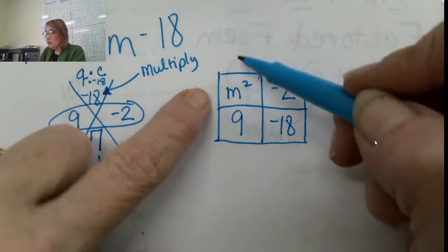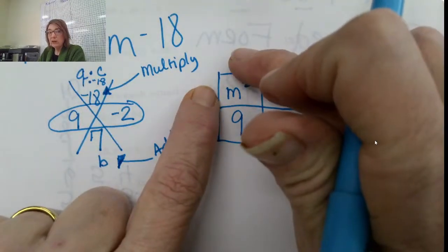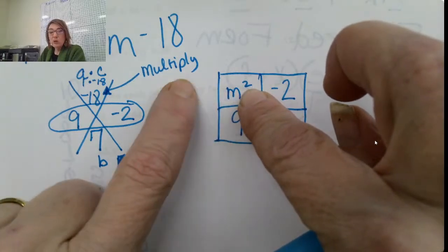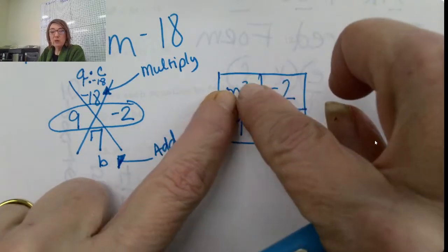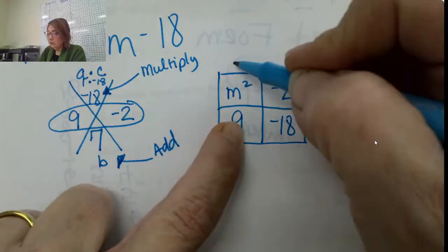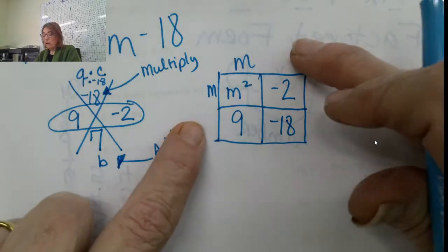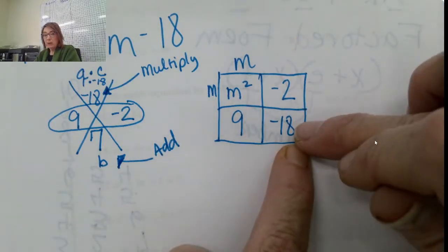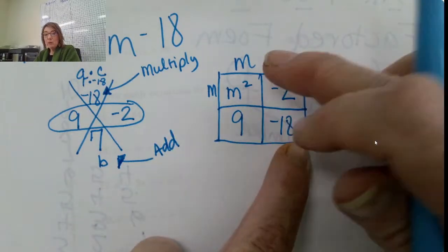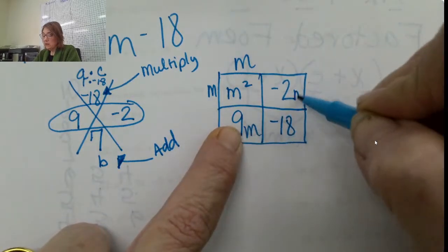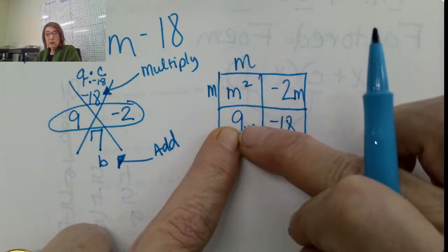Now we're going to figure out what would be here and here so that when they multiply, they get m squared. What would go right here and right here to multiply to get m squared? M and m. Then we figure out what could multiply right here to get 9m.